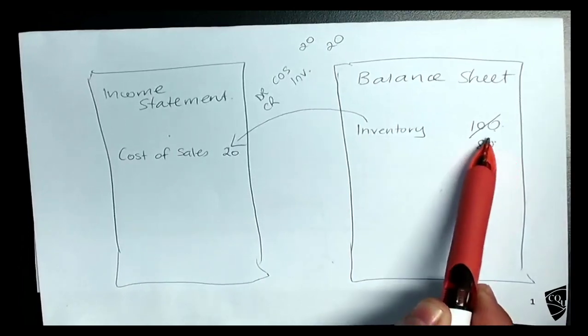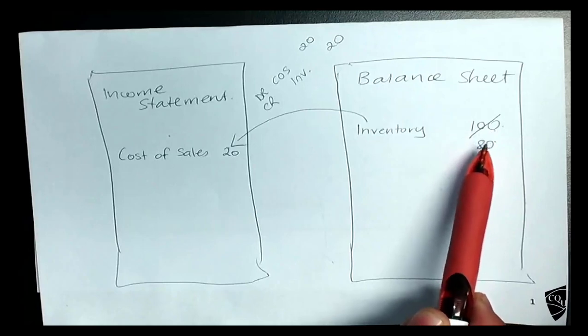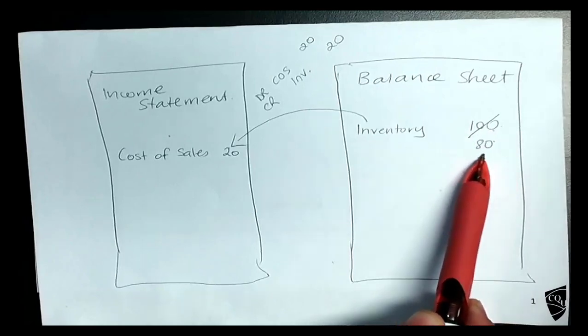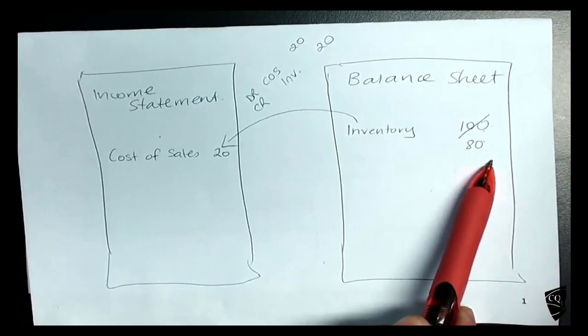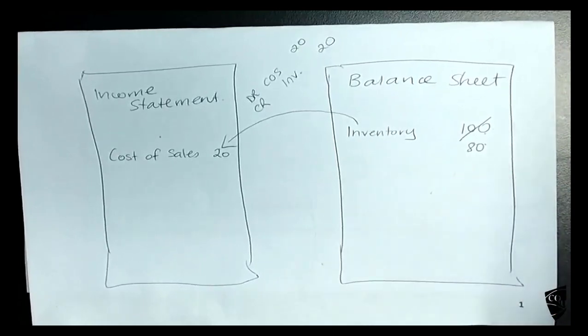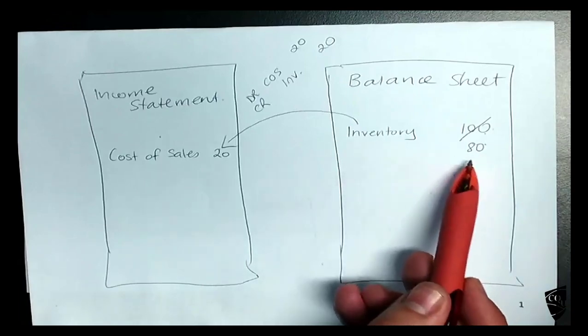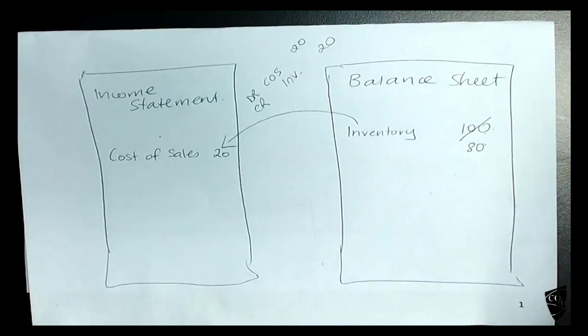Okay, so we need to calculate that we need to decrease it by $20, and we have to make sure that this $80, so we do a stock take to make sure that we've actually got $80 worth of inventory on hand at the end of the period. Okay, we need to determine the amount that we need to adjust our ending inventory to. So that's why we do the stock take as well as a check.